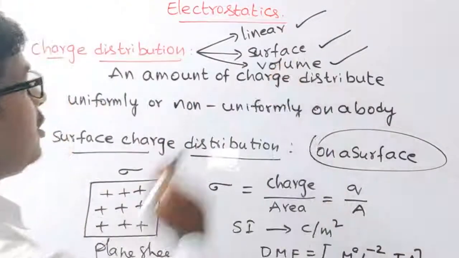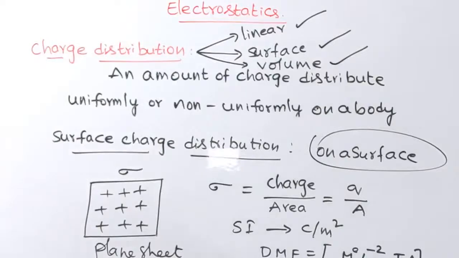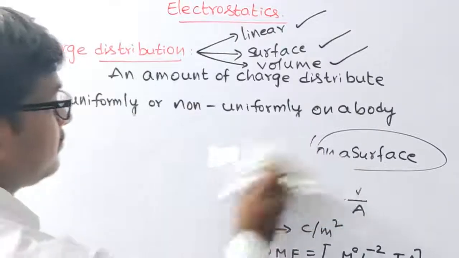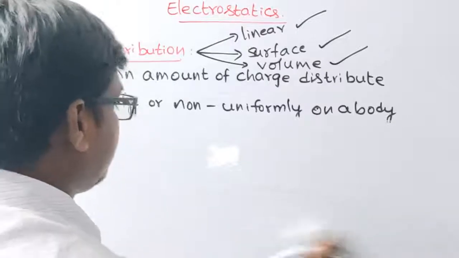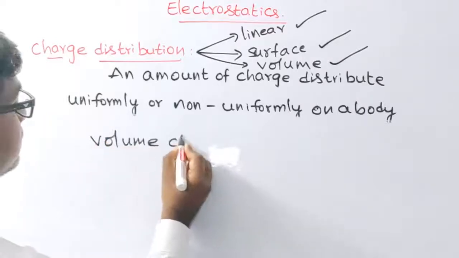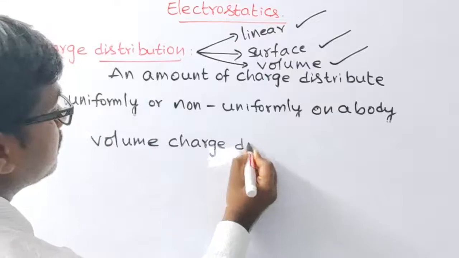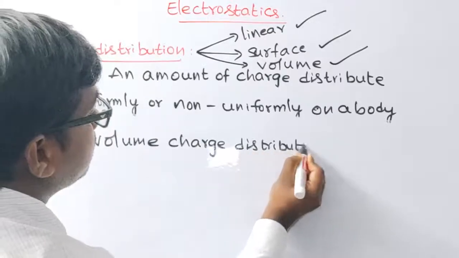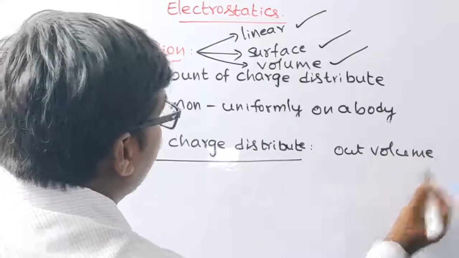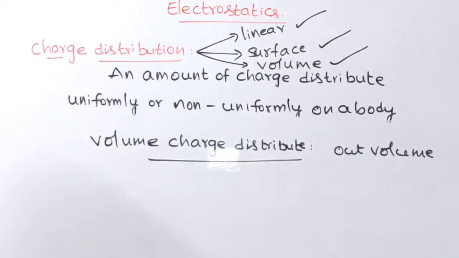Last one is volume charge distribution. The volume charge distribution means the charge distribution throughout the volume of the body. For example, a dielectric sphere.